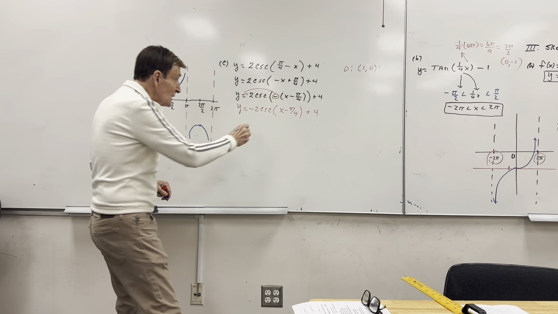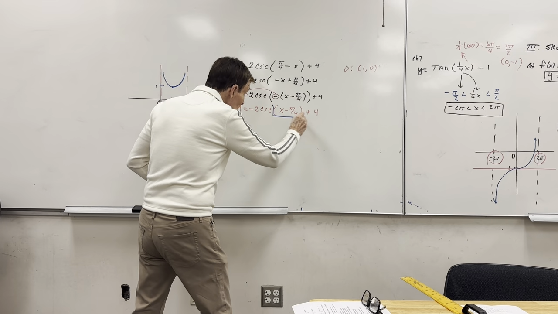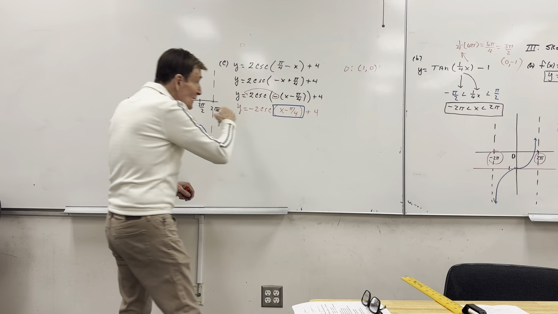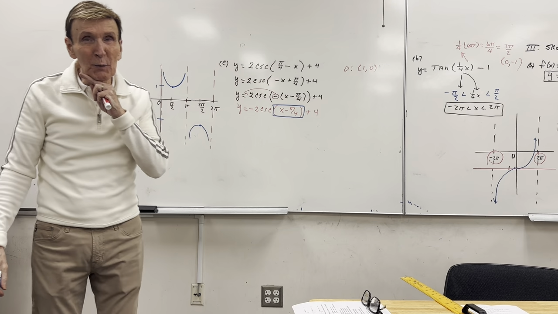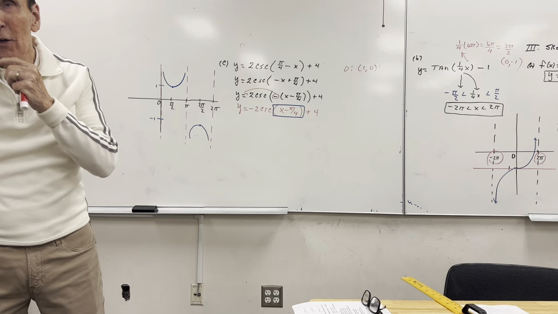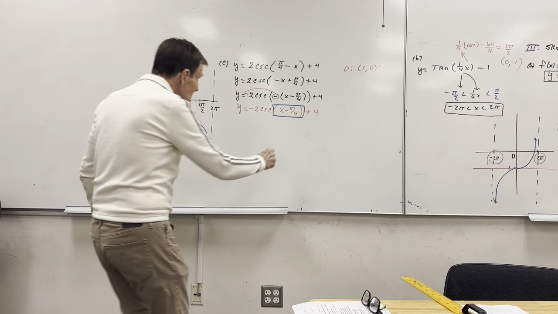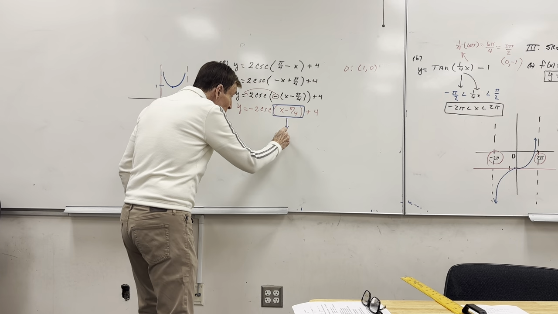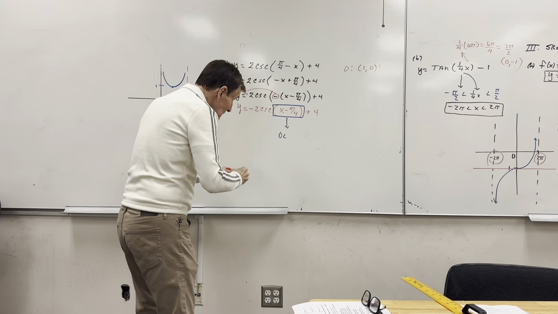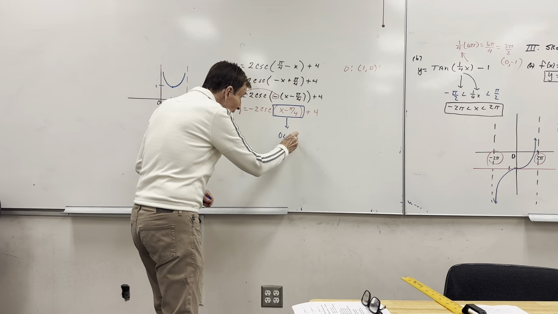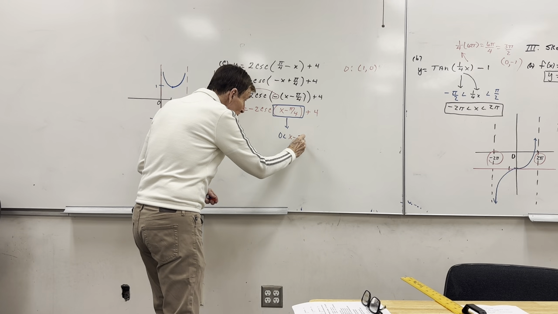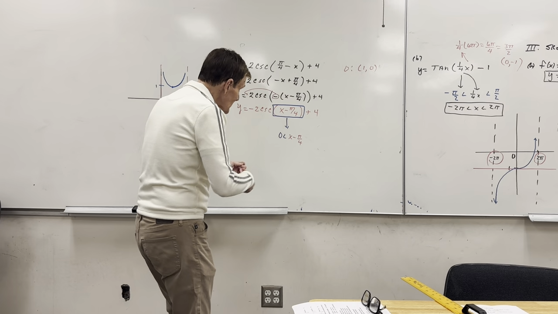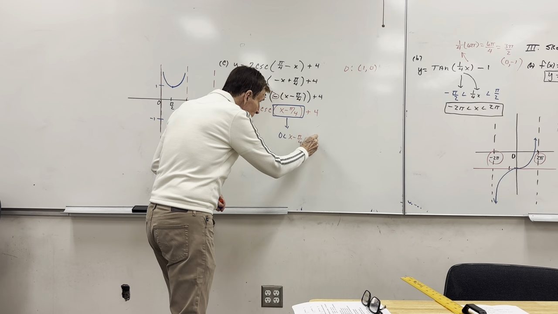Does anyone have an idea, if I use bounding, what am I going to bound this by, based on what my bounds are on the parent? 0 out to 2 pi. Same thing here. 0 less than x minus pi over 4 less than 2 pi.